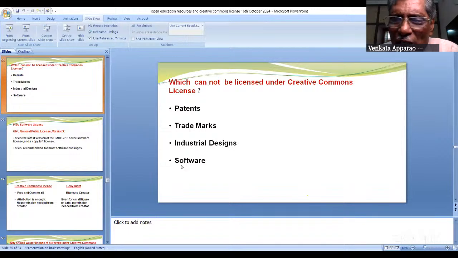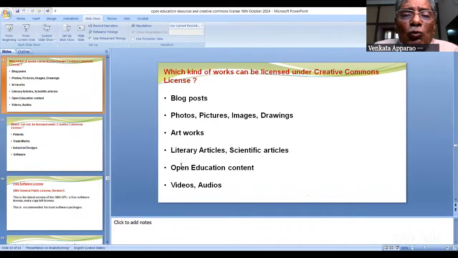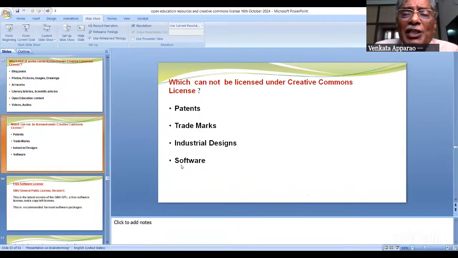Creative Commons does not give for software. So once again, which can be licensed under Creative Commons license? Blog posts, photos, pictures, images, drawings, artworks, literary articles, scientific articles, open education content, videos, and audios. Which cannot be licensed? Patents, trademarks, industrial designs, software.